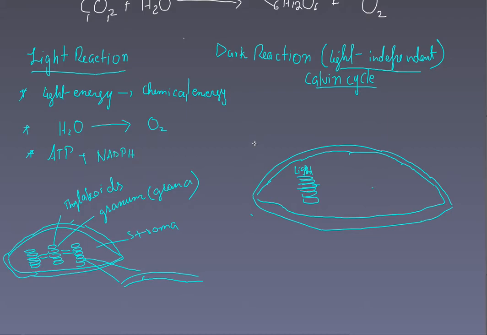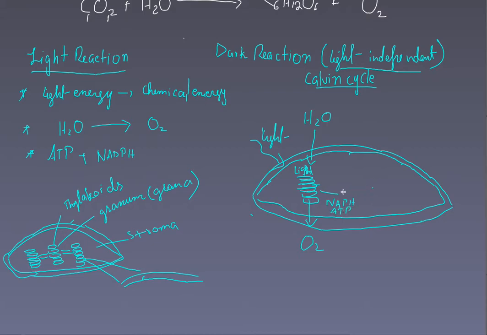If you draw it, we have light. This is a light ray. We have light energy striking here, and along this water goes in, and it comes out. It's just a simplification I'm making here, and it comes out as oxygen, and along that process we are able to generate NADPH and ATP.